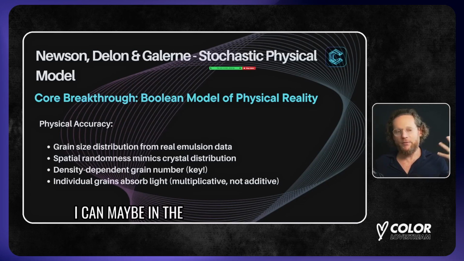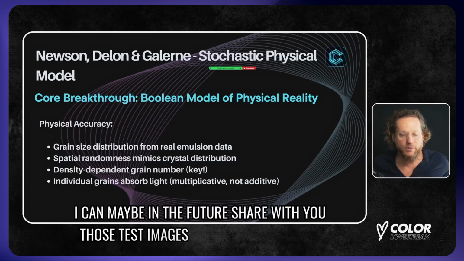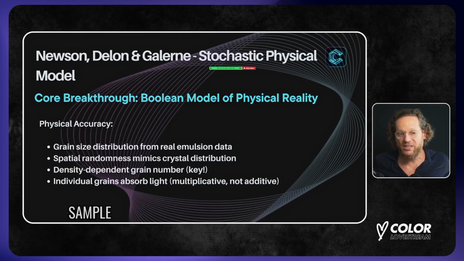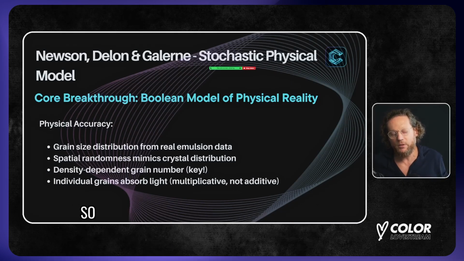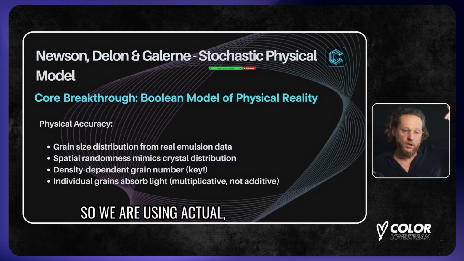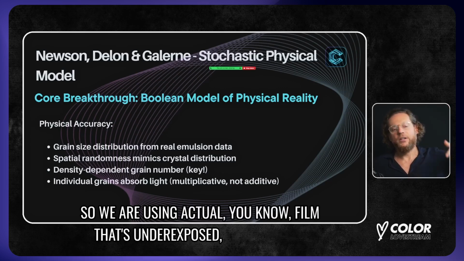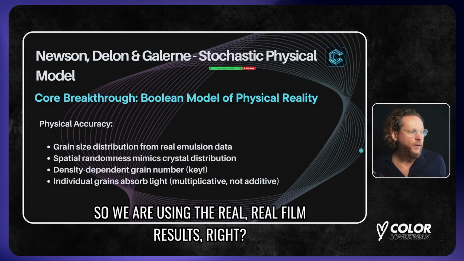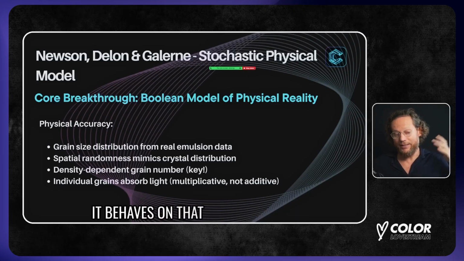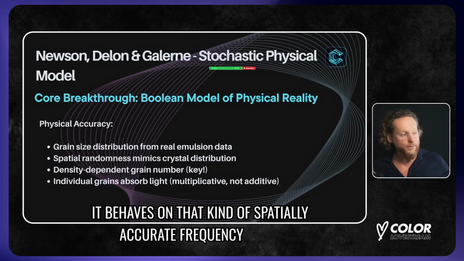I can maybe in the future share with you those test images that we have used to sample the textures that are used in GrainLab, for example. So we are using actual film that's underexposed, overexposed. So we are using the real film results, right? It behaves on that spatially accurate frequency level.